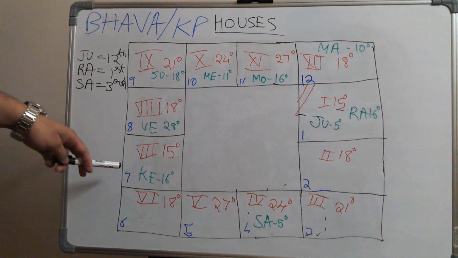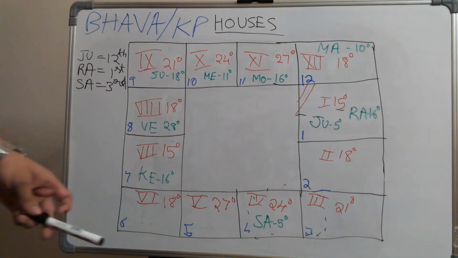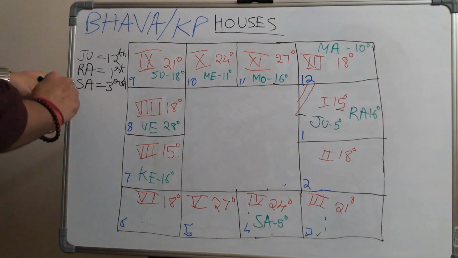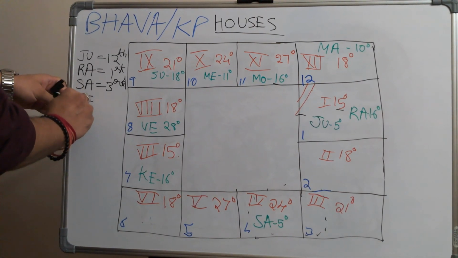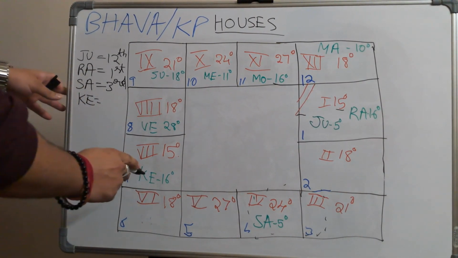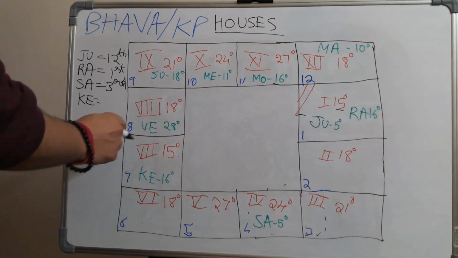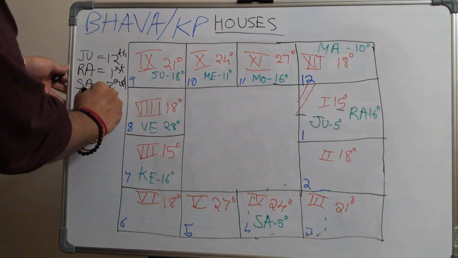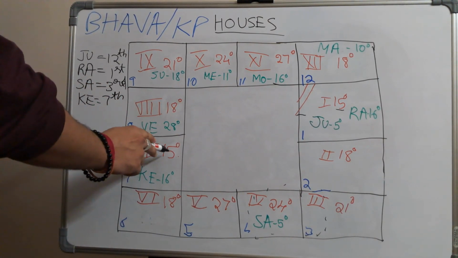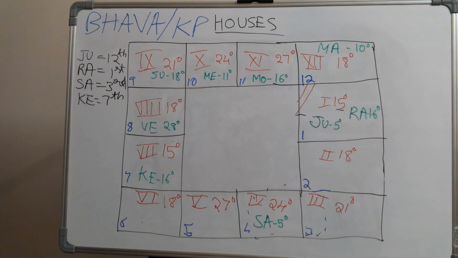Okay, here Ketu is showing 16 degrees. So Ketu is in the 7th house, because the 7th house is starting at 15 degrees and Ketu is at 16 degrees.